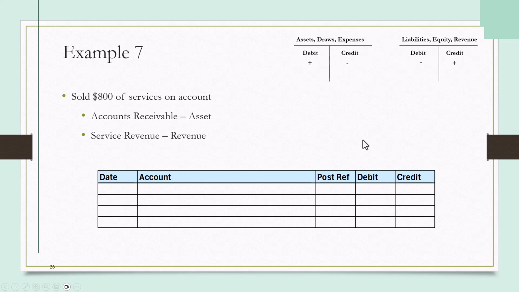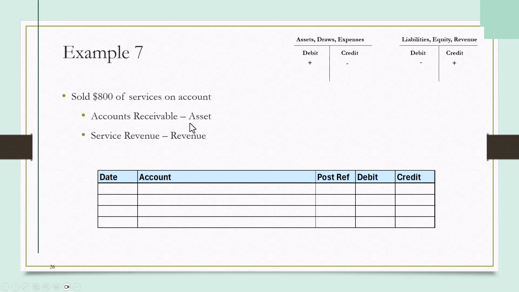In this example, they sold $800 of services on account, and when it says on account, just assume on account is either related to an accounts receivable or an accounts payable. In this case, it would be related to an accounts receivable, because if they sold something to a customer and the customer hasn't paid yet, that is an accounts receivable.